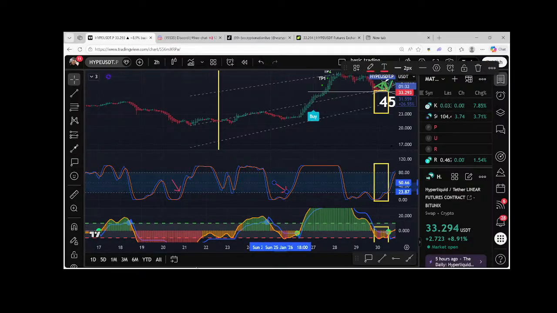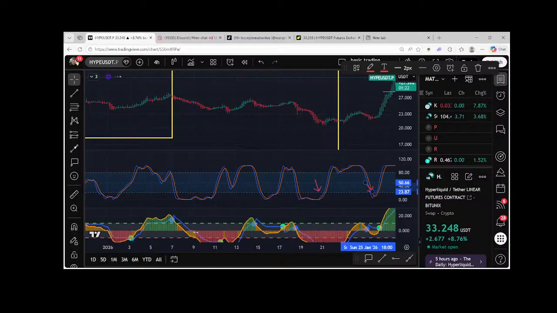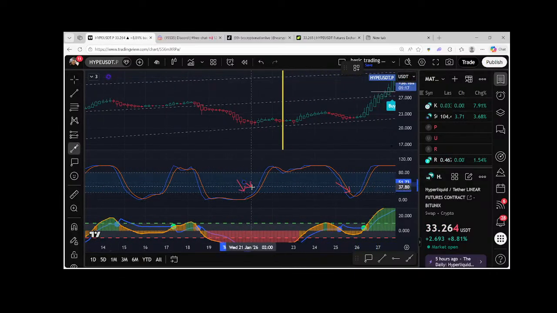And when it breaks above the 20 line, we then incorporate that with a 4-hour breaking above the 20 line. What you can see right here is where the 4-hour breaks above the 20, which is right here.